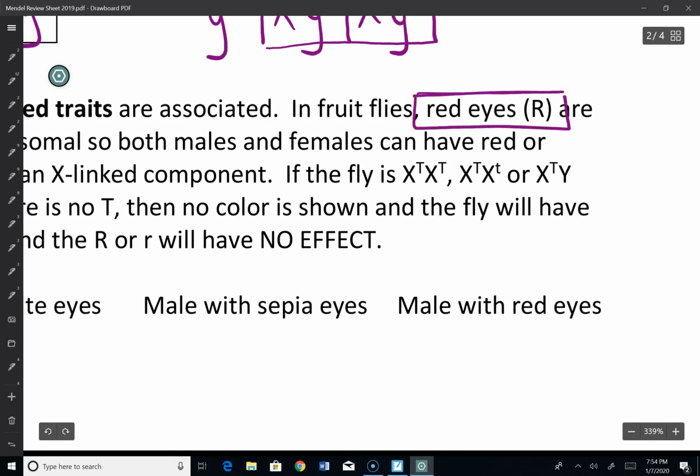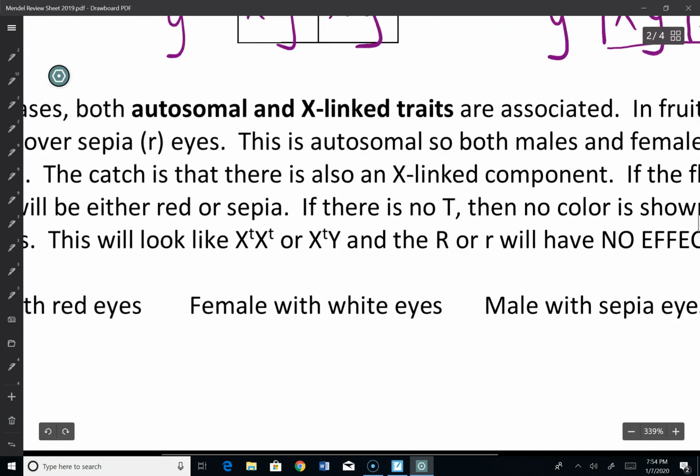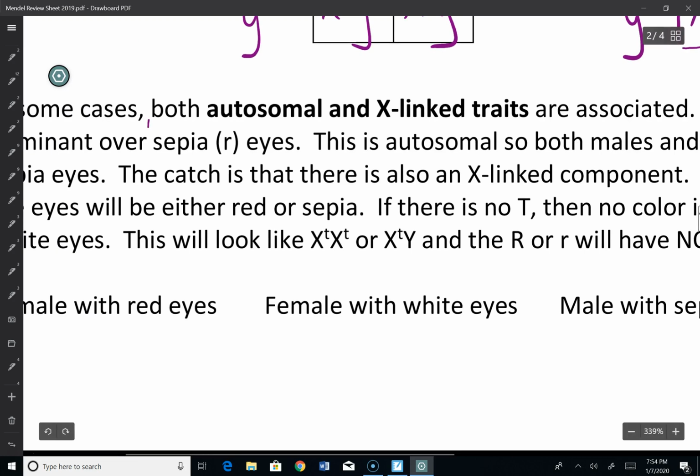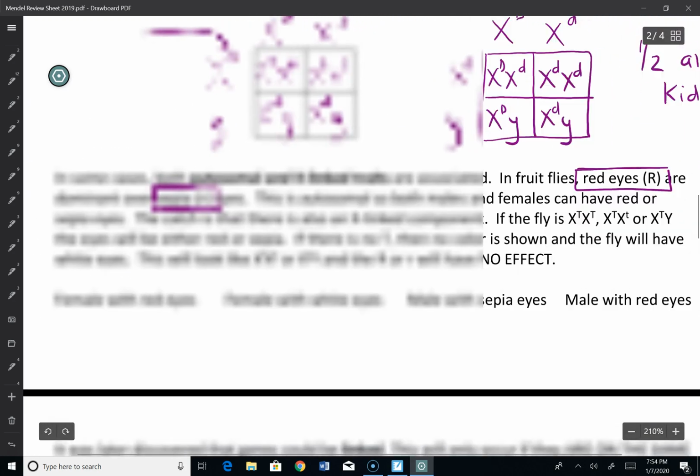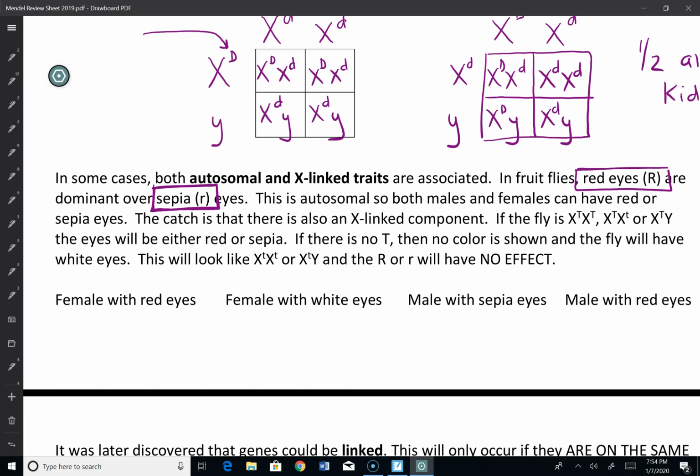Well, we know that. That's R. They could have what's called sepia eyes, which is kind of like a goldish color. Or they could have white eyes. Well, how are we going to do that if capital R is red and lowercase r is sepia? I don't see white. Well, the color, if it's expressed, is on the X chromosome.